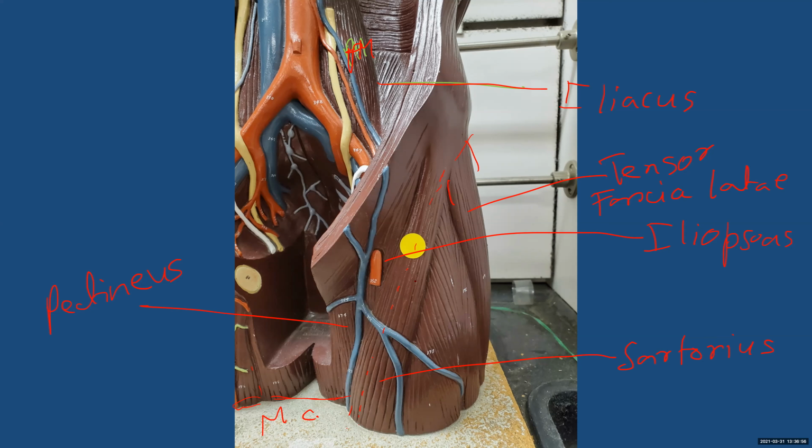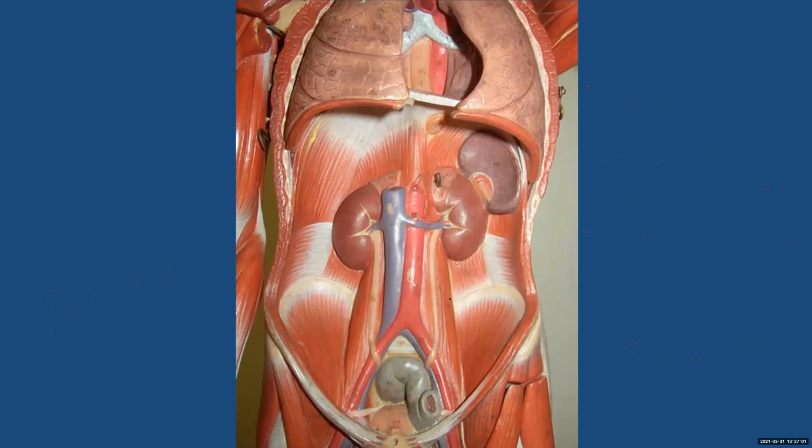So that is tensor fasciae latae and Sartorius, and we looked at iliopsoas and pectineus. So again, identify the same muscles in a different model. Psoas major, iliacus, iliopsoas, and see Sartorius right here.